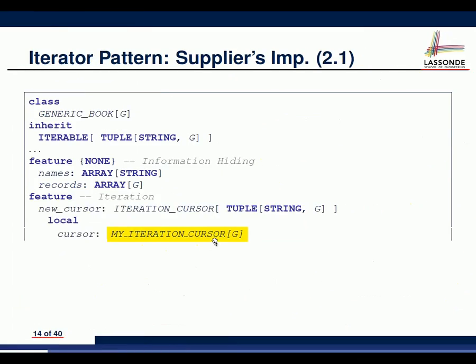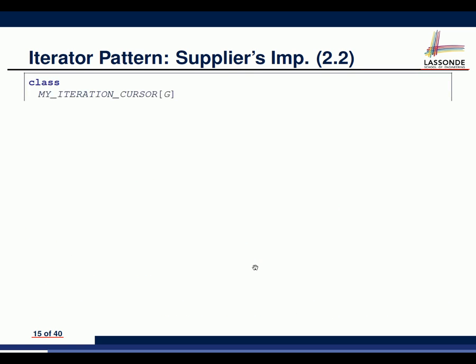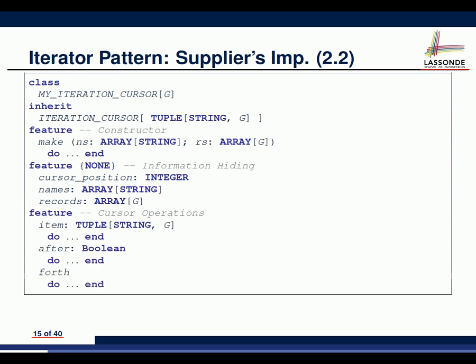And then how do we implement that? Notice one thing. The way we create a cursor object, we have to give all the details so that the cursor can be initialized. We have to give all the necessary information, in this case, the names and the records. And then in the next slides, I'll show you some more detail, like how you can implement item, how you can implement after, how you can implement forth.